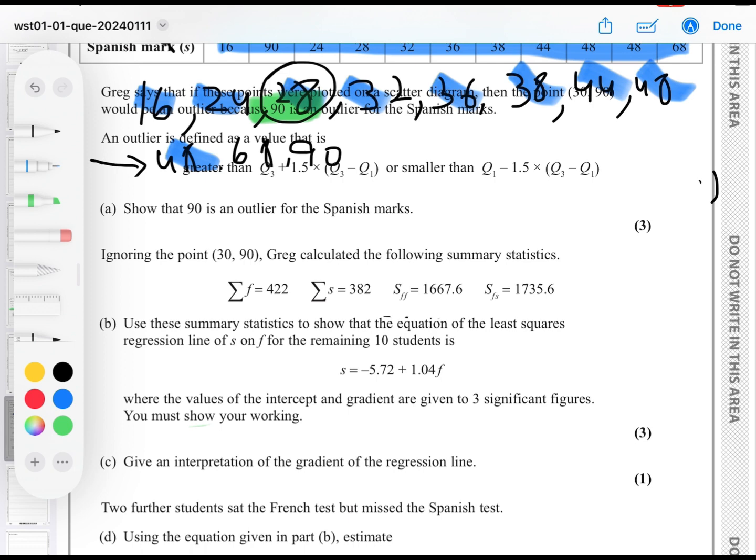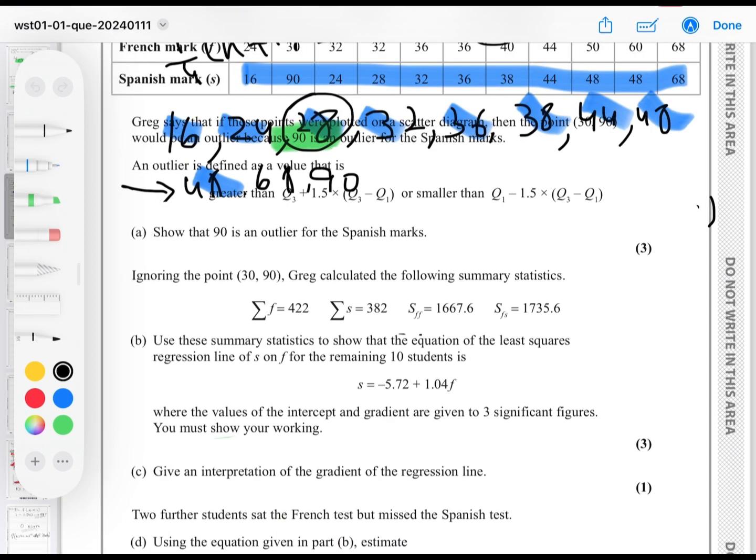Now what we have to do here is use these summary statistics to show that the equation of the least squares regression line of s on f for the remaining 10 students is as given. Let me write the standard equation. The standard equation is y equals a plus bx. Basically it resembles this one.